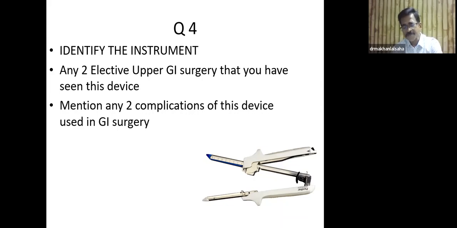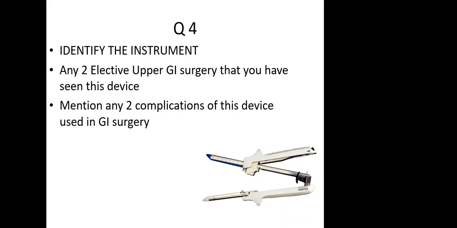Sir, mention any two complications of this device used in GI surgery. Sir, one might be bleeding, and the other might be a leak, the anastomotic leak. No, the leak from the cut side, the distal or proximal cut side.